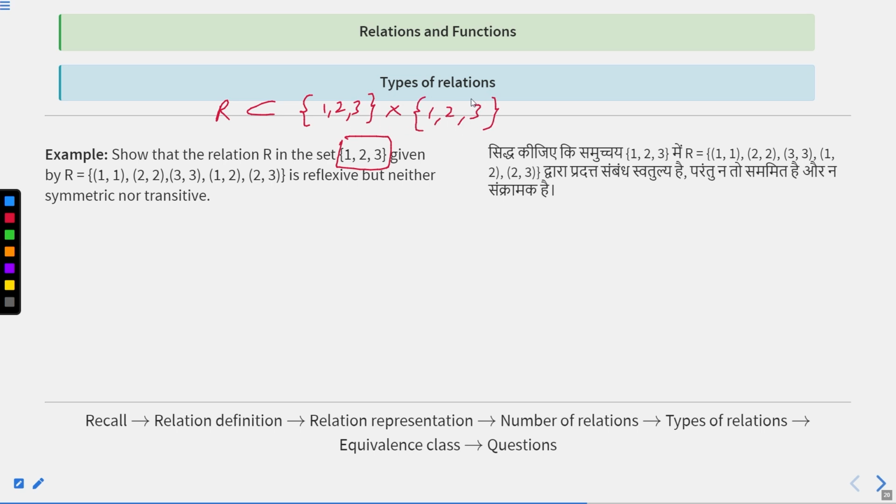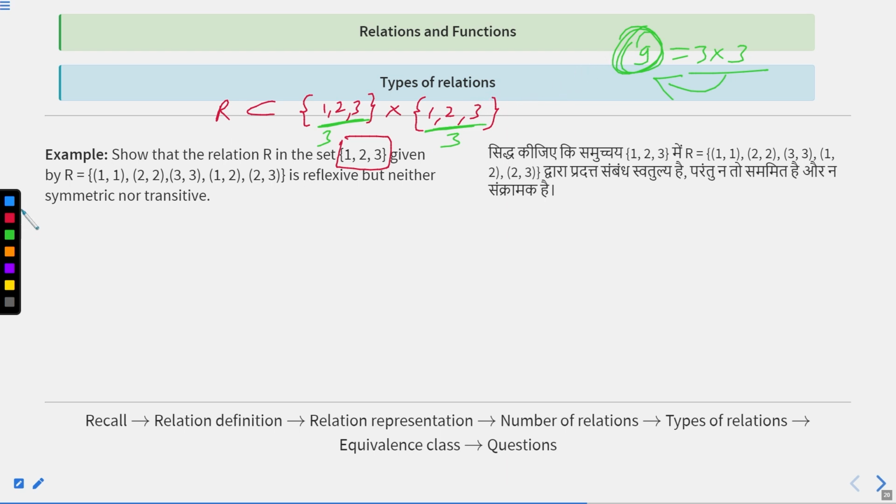How many elements will you get in the Cartesian product? 9, because the total number of elements in this set is 3, so 3 times 3 gives 9 elements.